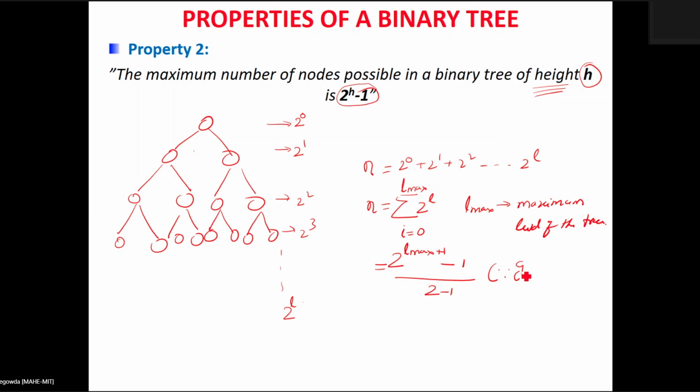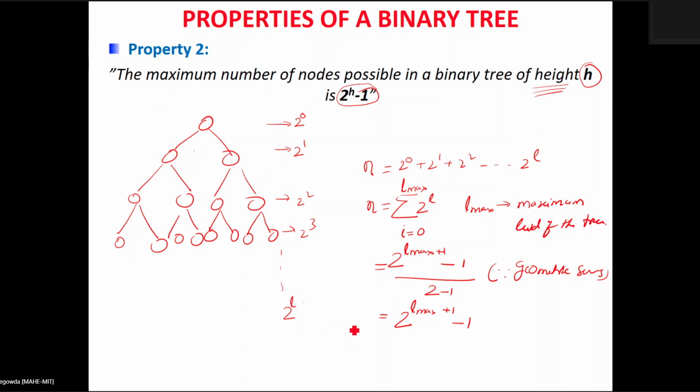If you want more detail regarding this, you can refer to any textbook about the geometric series. After simplification, you will get 2 power of L max plus 1 minus 1.